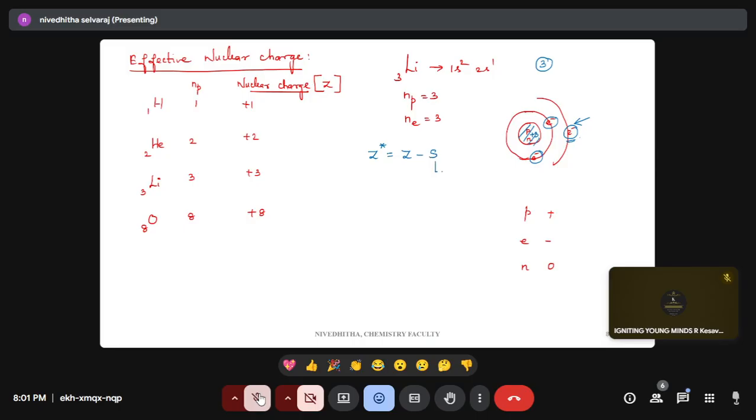This is a value we can calculate, and there is a method called Slater's rule, but we don't have that part in your syllabus. But this is the formula to calculate effective nuclear charge, which is nothing but the actual nuclear charge experienced by the valence electron of the atom. Are you getting my point?